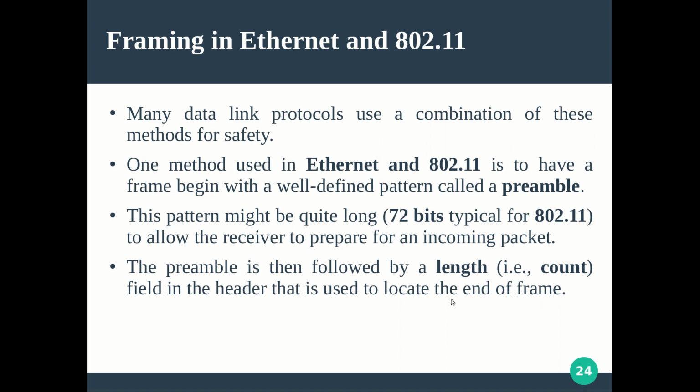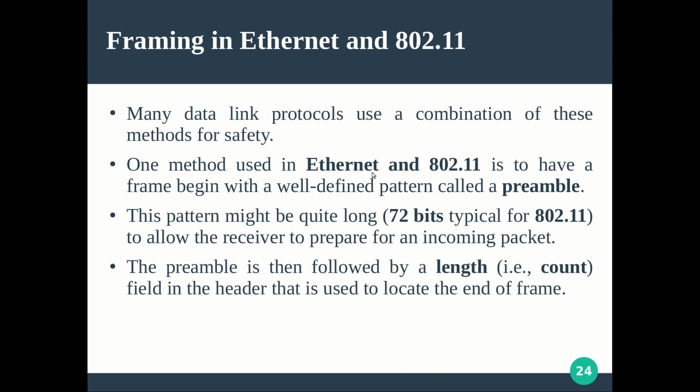So if the count fails, the preamble will help you, but in the worst case if both fail, it is still a problem. But as error probability is very low in Ethernet and so on, this works nicely. And of course in 802.11 also.